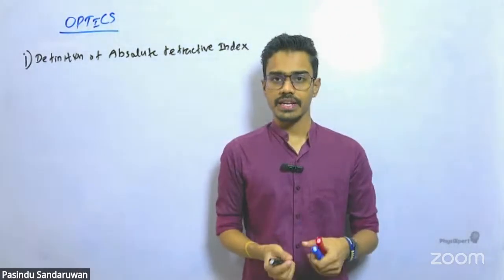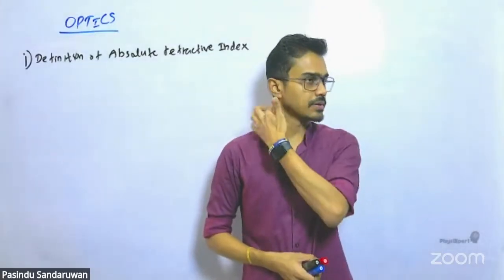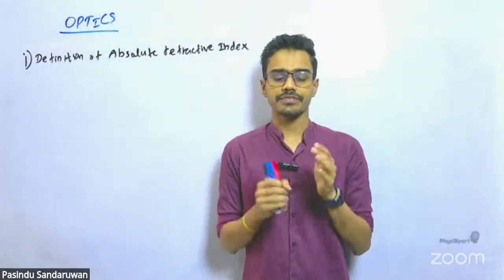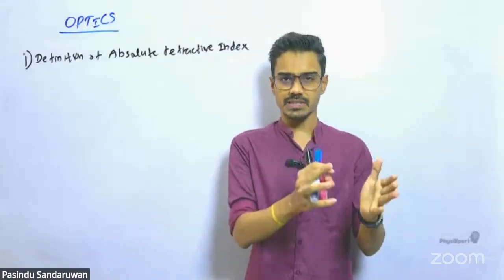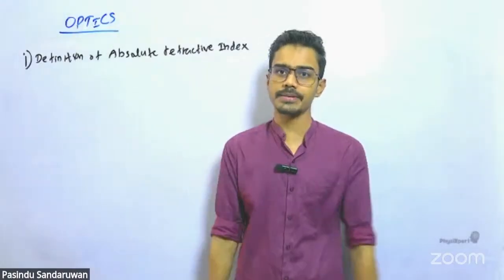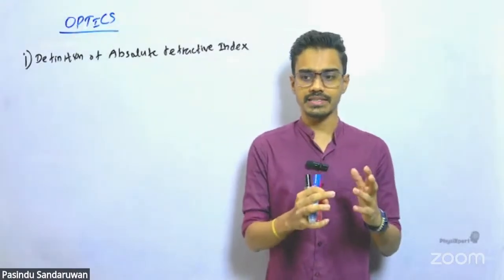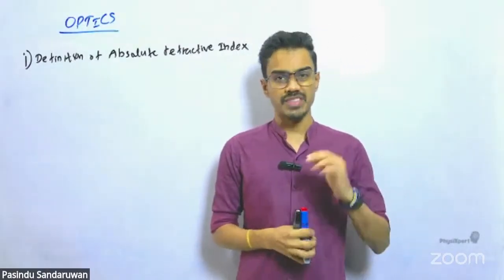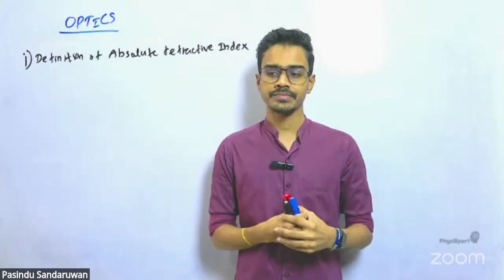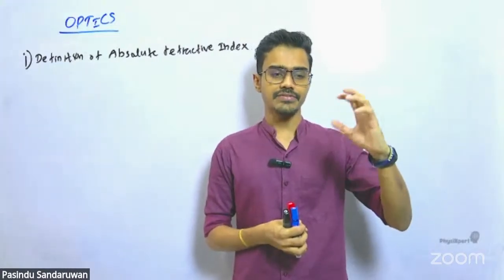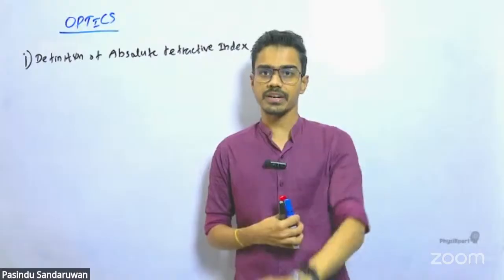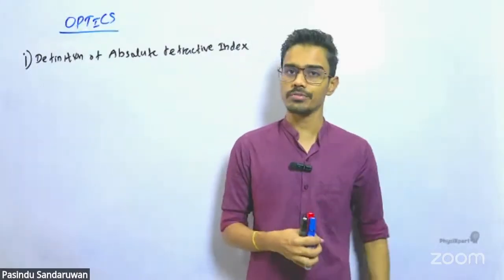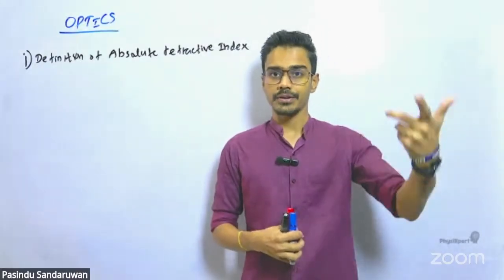Absolute refractive index means when refractive index is defined with respect to air or vacuum medium. That is called absolute refractive index, right? If refractive index is defined with respect to any other different medium other than air or vacuum, that is called relative refractive index, right?